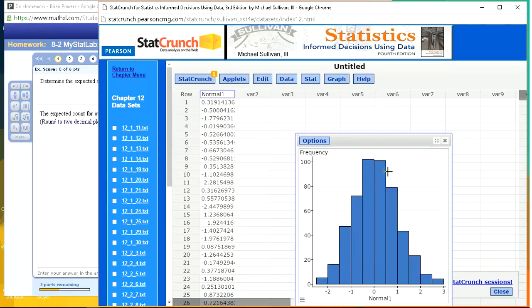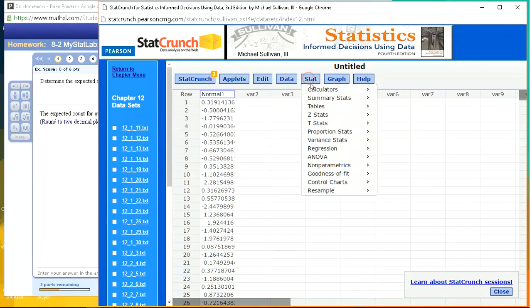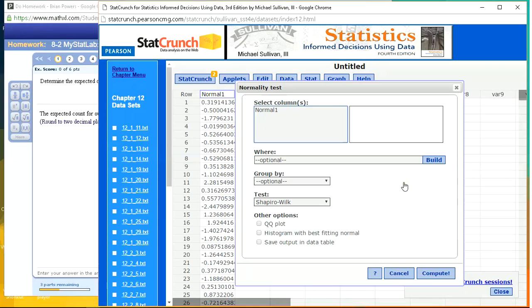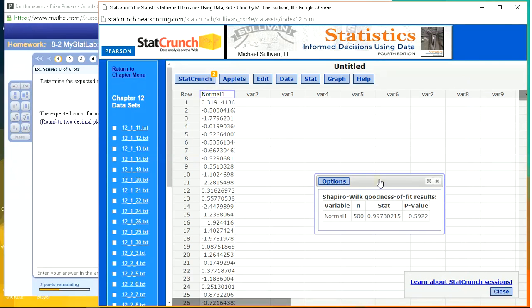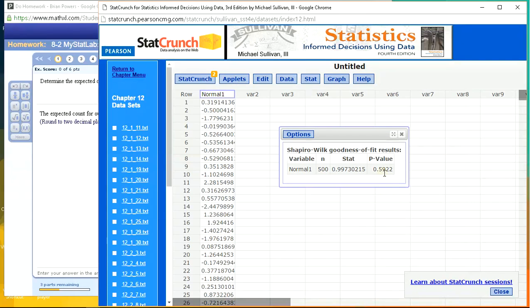There's a bell curve. There are actually other tests that we can do statistically to verify whether or not some data is coming from a normal distribution. I can do something called a goodness of fit test, a normality test, and this is very, very simply put. It runs a hypothesis test, and it'll give me a p-value.